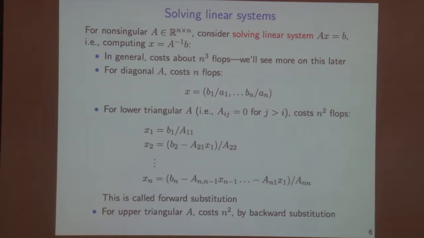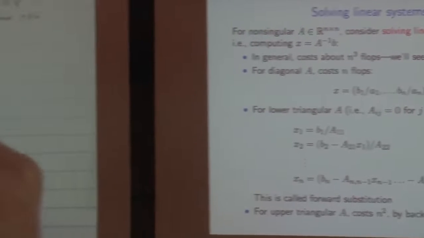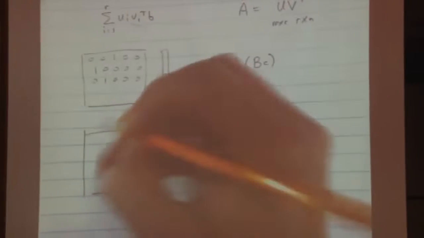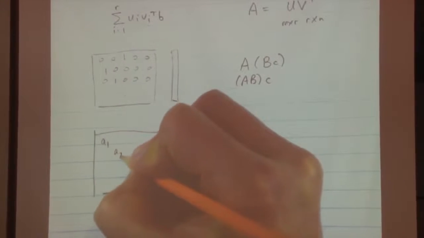But there are some matrices for which we can solve linear systems in a much more efficient manner. Here are some examples of them. If A was diagonal, then solving Ax equals b only costs n flops, right? Suppose the diagonal elements of A were a1 through an, which means A was all zeros except on the diagonal it had these numbers.